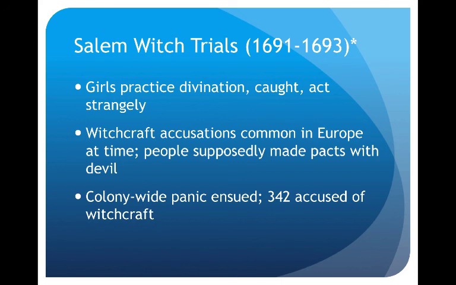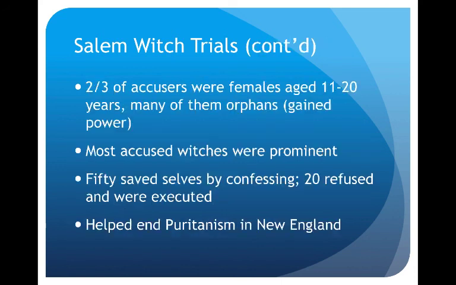They start by accusing the outcasts, the poor, the people who don't attend church regularly, the people who are impoverished or mentally ill. But as time goes on, they began accusing people of much higher prominence.